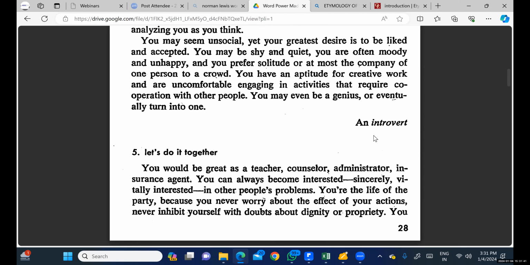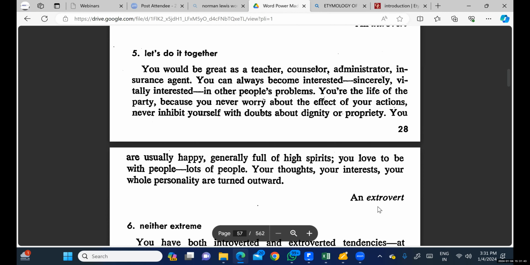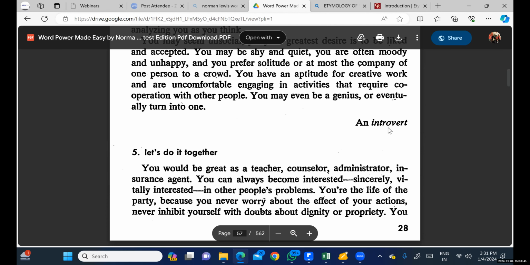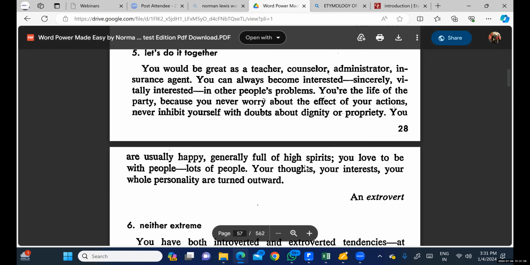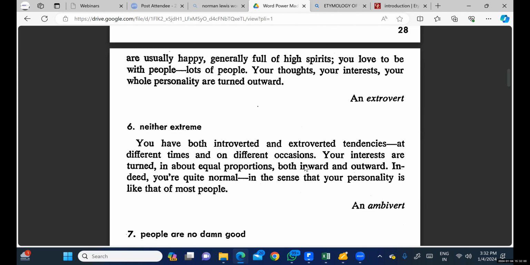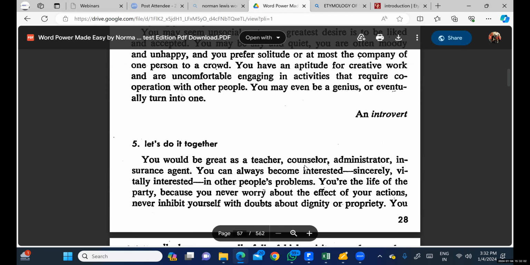Whenever you have this word with x, that is external. This is internal, inside. This is external, when you are open to everyone. So what is his personality? He's an extrovert. So this is how you will understand the types of personalities in life.